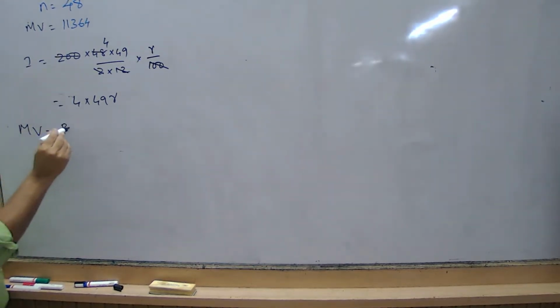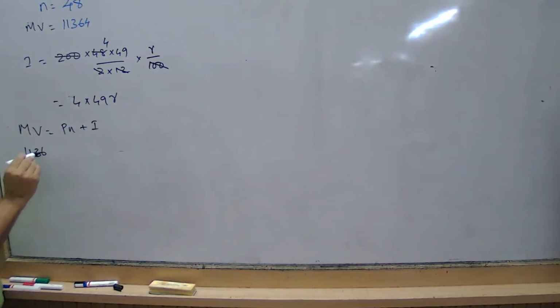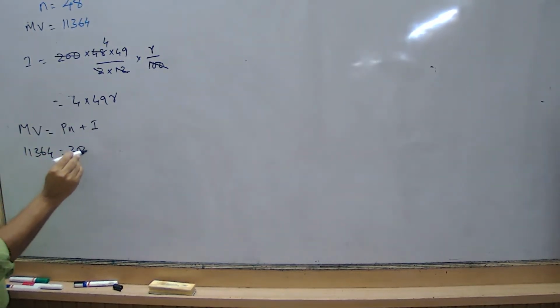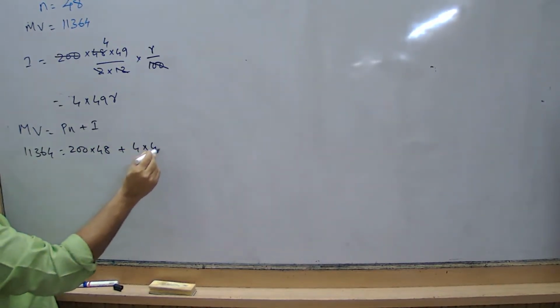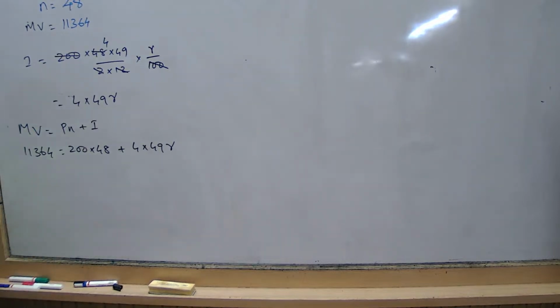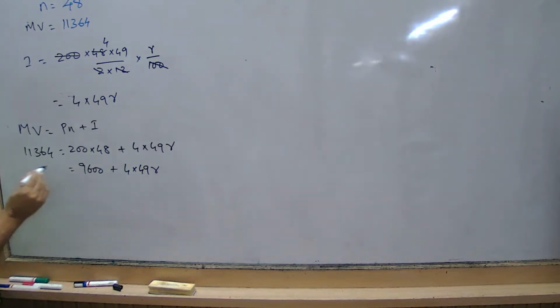MB is equal to PN plus I. If you multiply also, no problem. 11364 is equal to 200 into 48 plus 4 into 49. This one 40, how much is that coming as? 96. 960. Those are done, then subtract. So it is 64. Then how much is coming as? 1764.